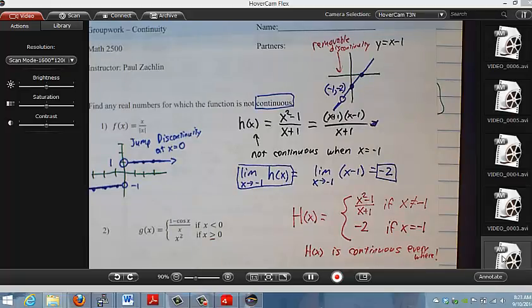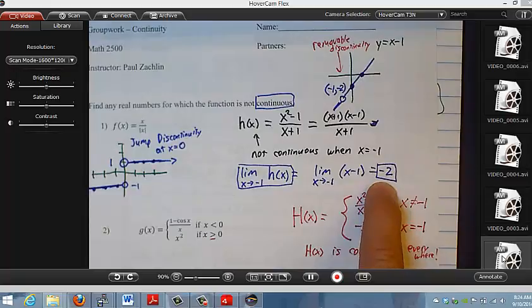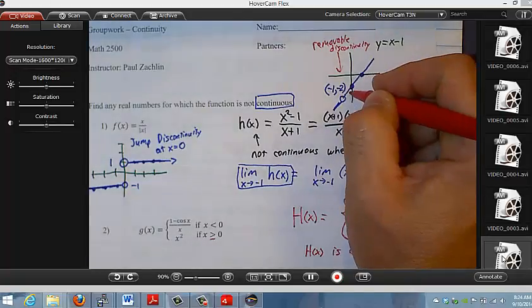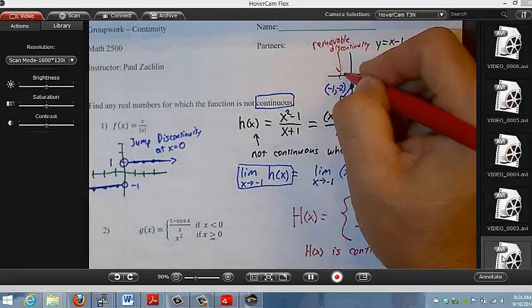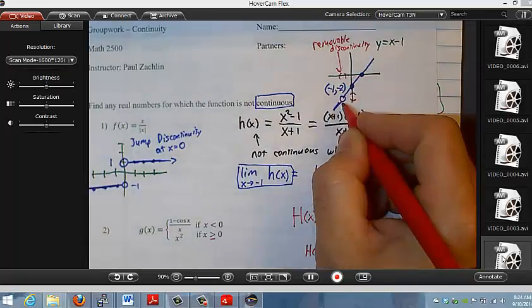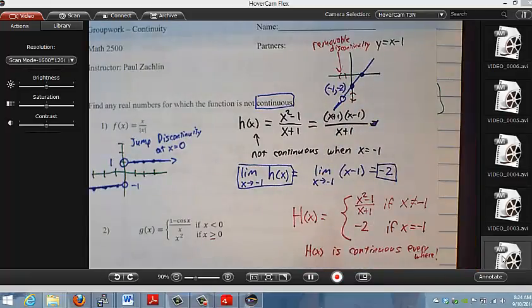But anyways, when I say that this limit is negative 2, that means for any epsilon greater than 0, give me an epsilon neighborhood, you'll be able to find a delta neighborhood around that hole so that all the outputs end up in the epsilon neighborhood. Okay?